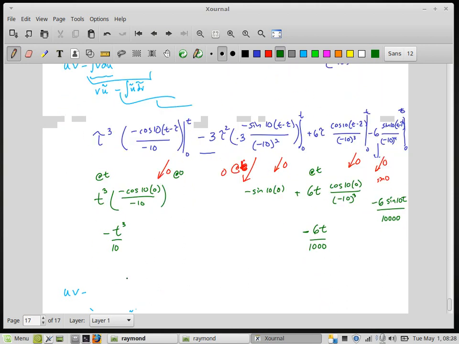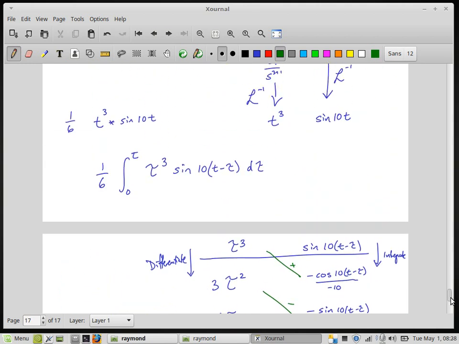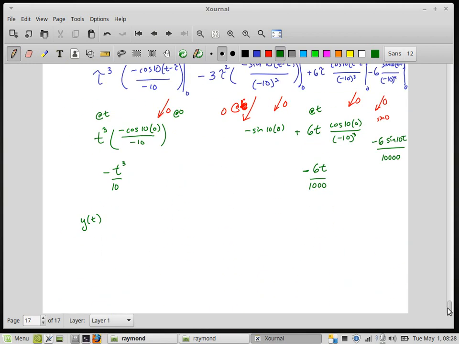I think we forgot a 1/6. And it's going to be minus t cubed over 10 minus 6t over 1,000 and minus 6 sine 10t over 10,000.